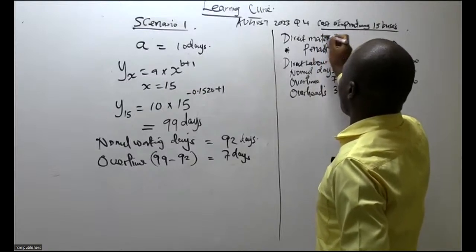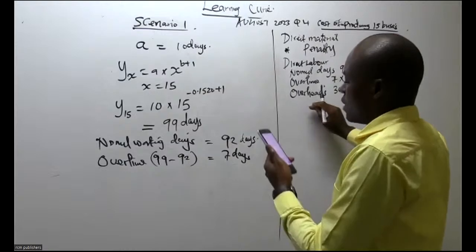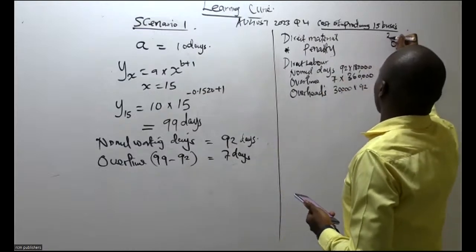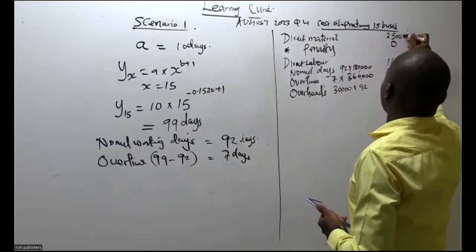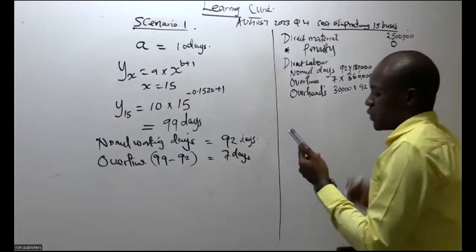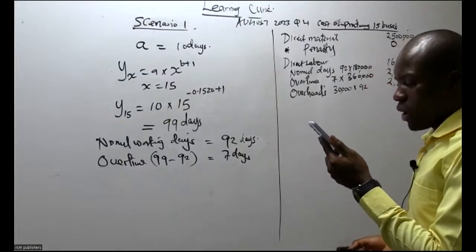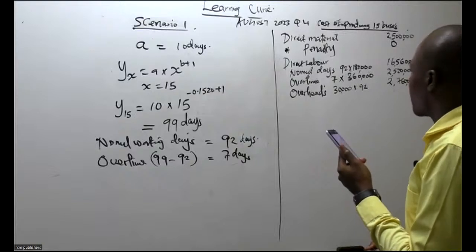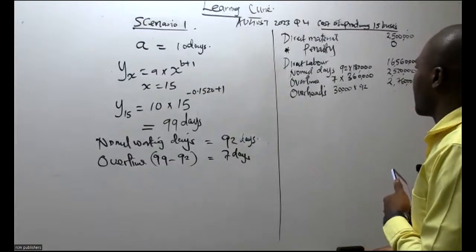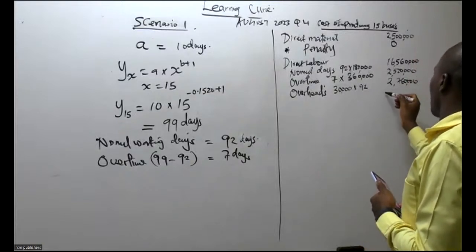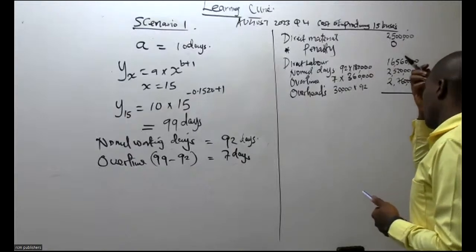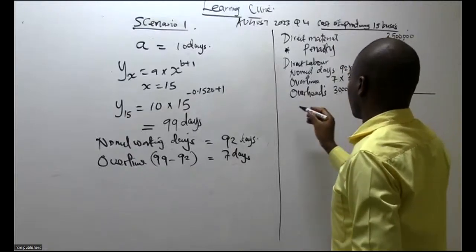You can put it anywhere, even up there or down here, and you will still have your answer. 2,500,000. Do we have any cost incurred? There is none. So give us the total cost under scenario 1.